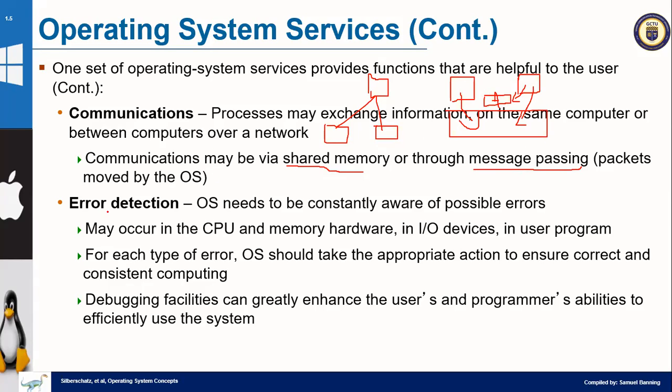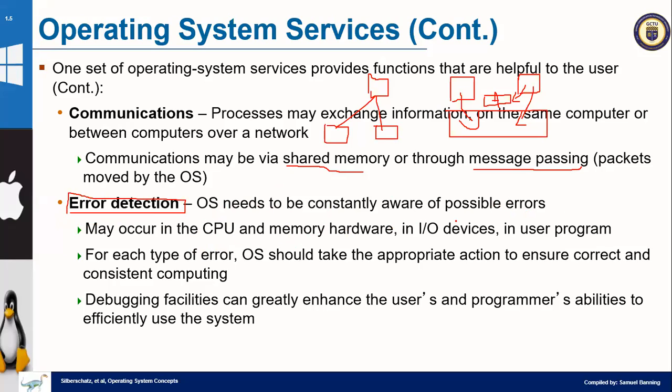The operating system also is the one that detects errors in the computer system. The operating system needs to be constantly aware of possible errors. These errors may occur in the central processing unit. It may occur in the memory hardware.